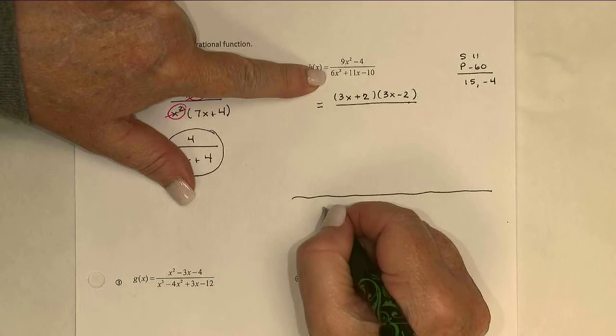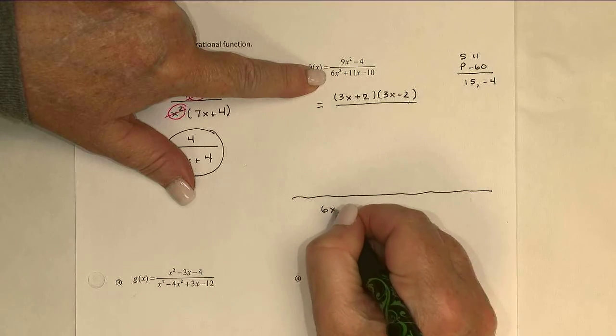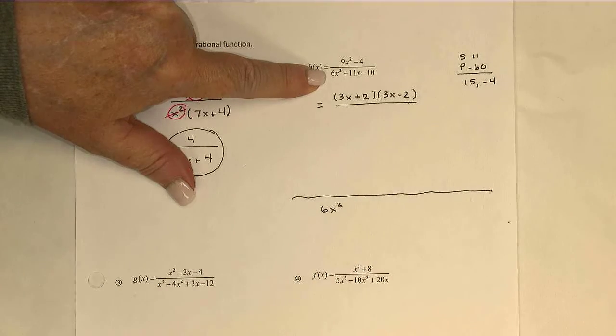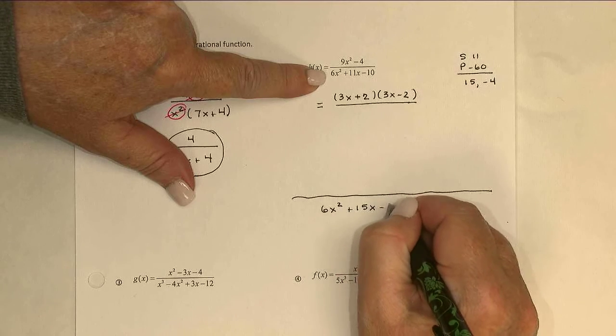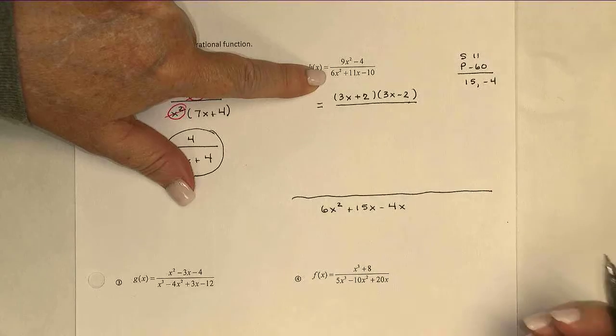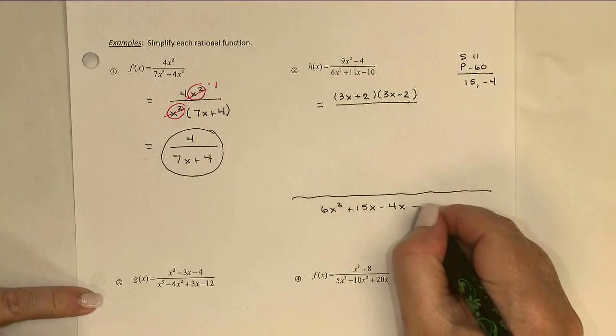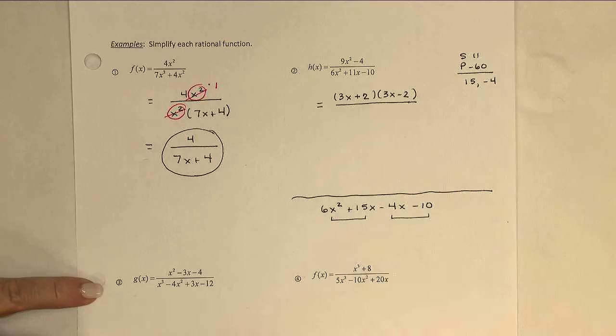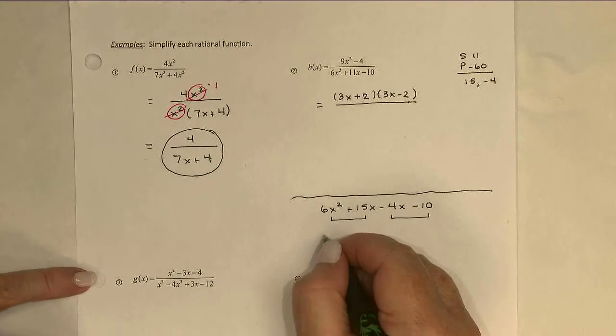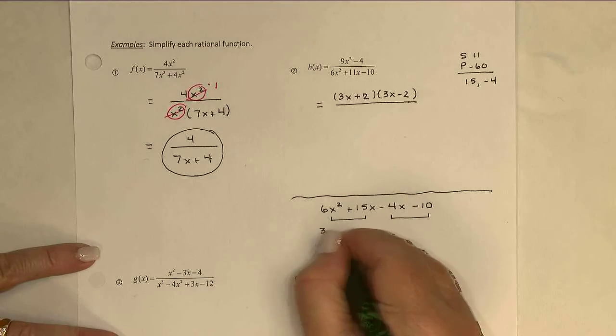So, rewriting this, we had the 6x squared. I'm going to replace the plus 11x with plus 15x minus 4x. And then I still have that minus 10. Factoring by grouping, I can take out a 3x here.